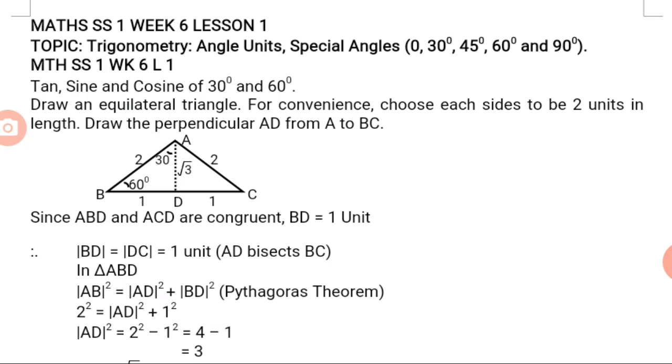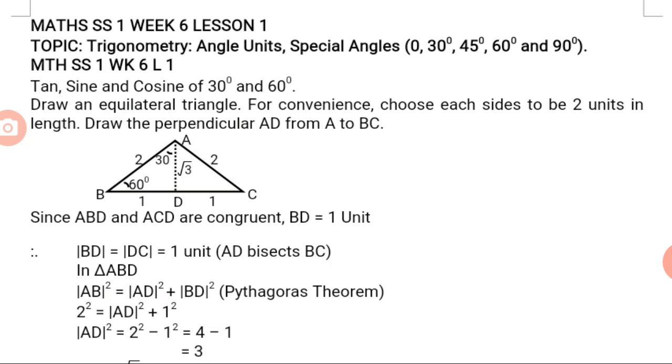Can you recollect the meaning of congruence from our last lesson? The meaning of congruence is identical or similar. That is similar triangle. It means that triangle ABD is similar or identical to triangle ACD.